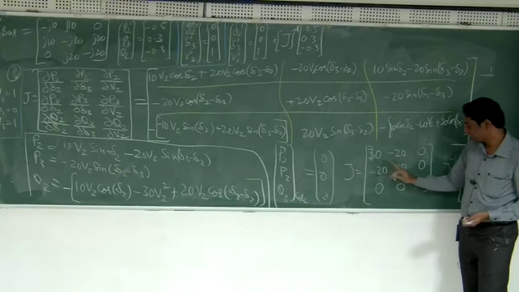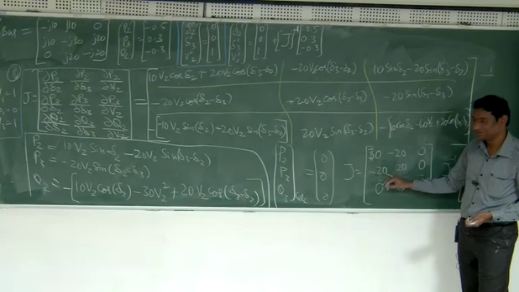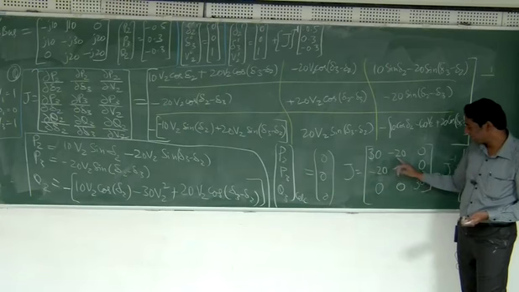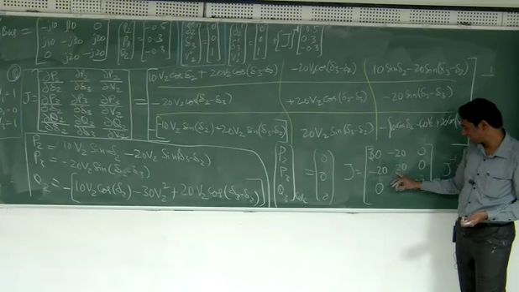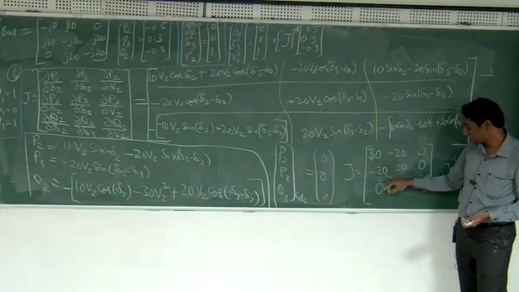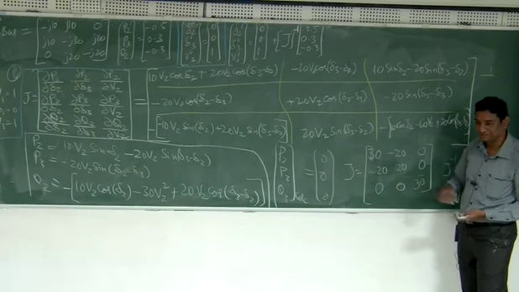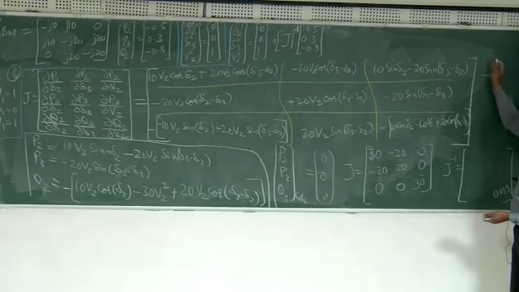AD minus BC, 600 minus 400. So 1 by 200, AD minus BC, minus 100. That means it is 200. So 20 by 200. So 1 by 10. So it is 0.1.